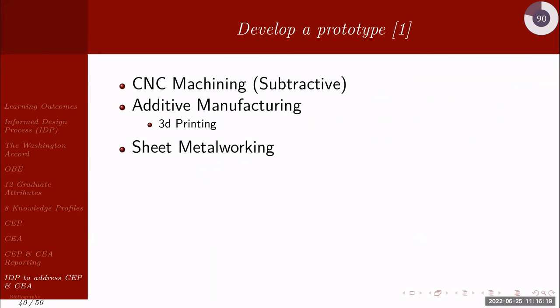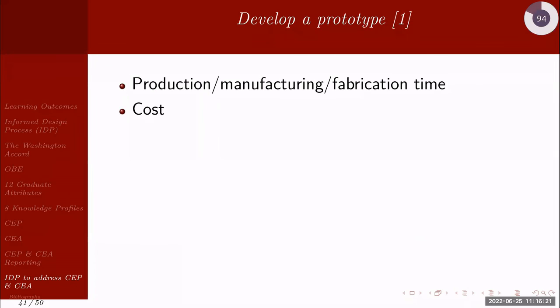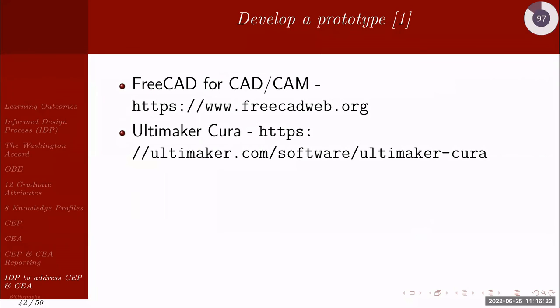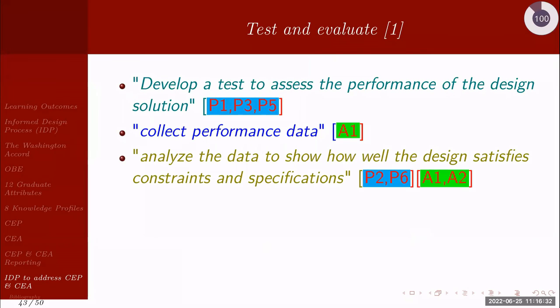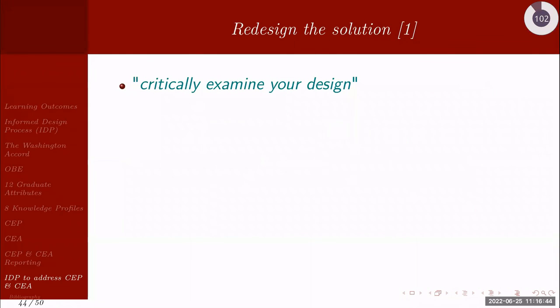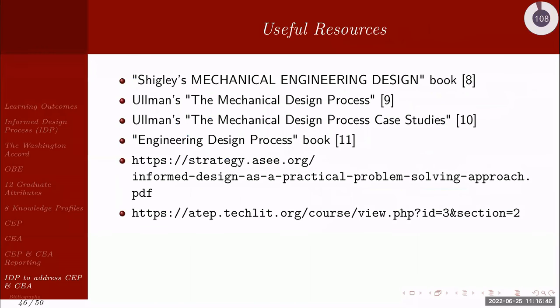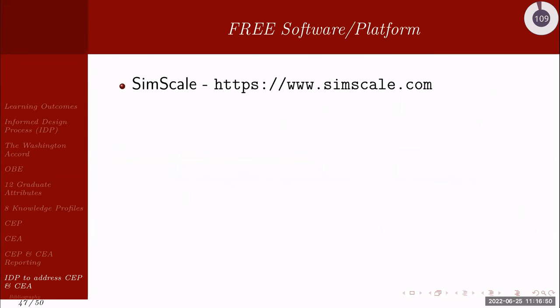So that's really a very nice model which we have selected for design. And when you develop your prototype, it's related to manufacturing, obviously. Test and evaluate is related to 3 ranges of complex engineering problems: P1, P3, P5, also related to A1 and A2.